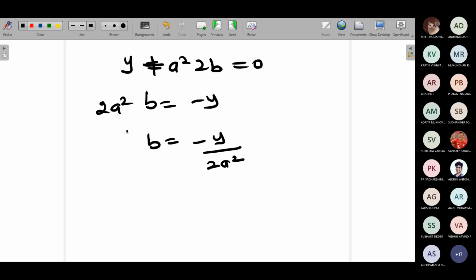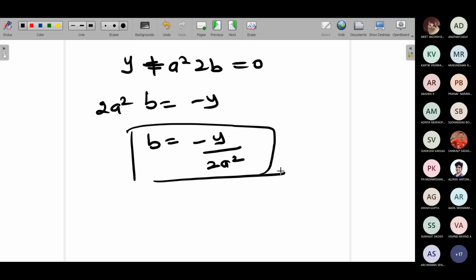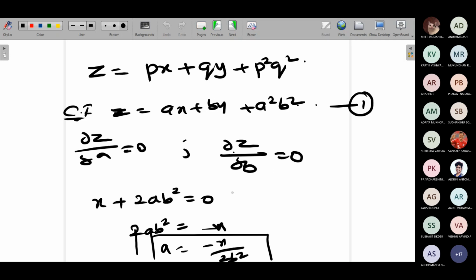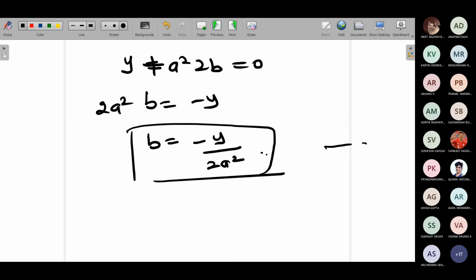Now you can substitute this b value in a and get the purely value of a, and similarly the purely value of b. You can take this as equation number 2. You can take this as equation number 3. Substitute 3 in 2.